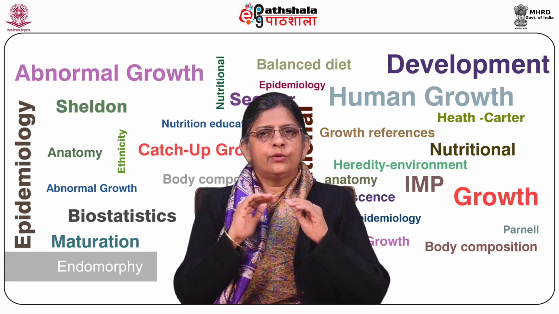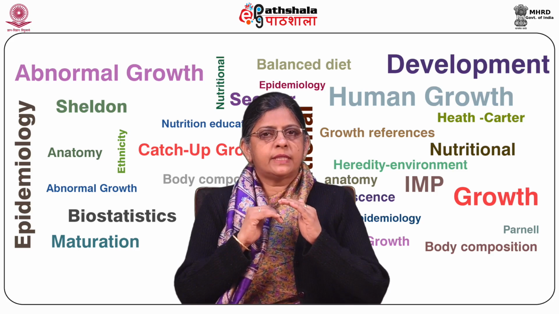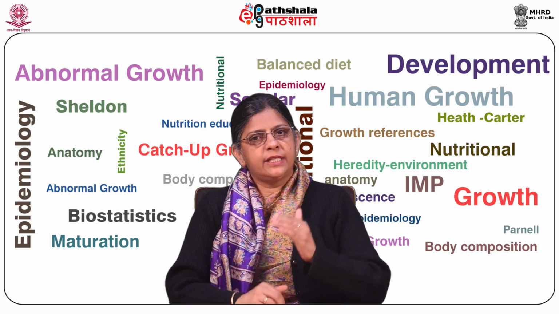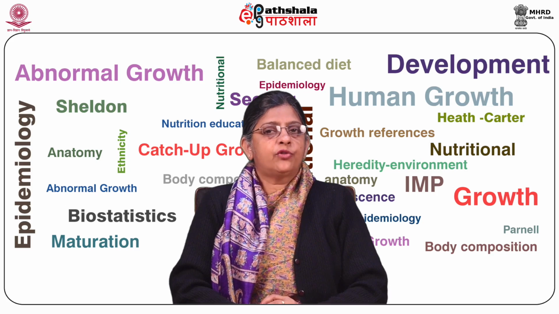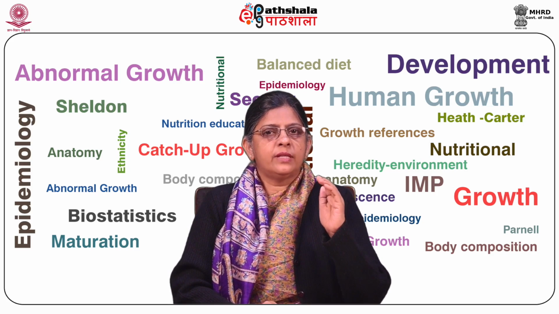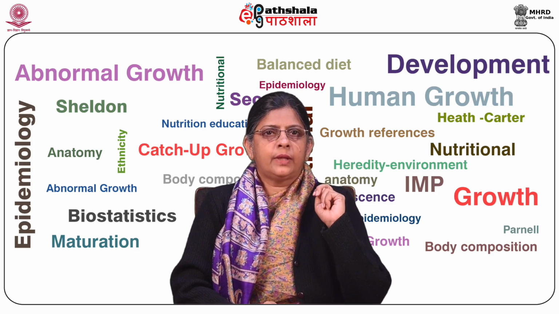Endomorphy refers to the relative fatness, mesomorphy is the relative musculoskeletal robustness and ectomorphy is the relative linearity or slenderness of a physique. For example, a 352 rating is recorded in this manner, wherein endomorphy is rated as 3, mesomorphy as 5 and ectomorphy as 2.